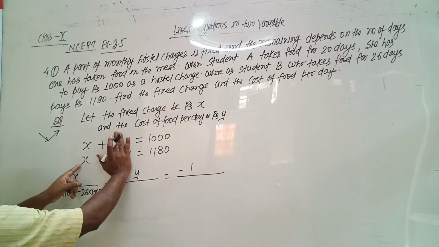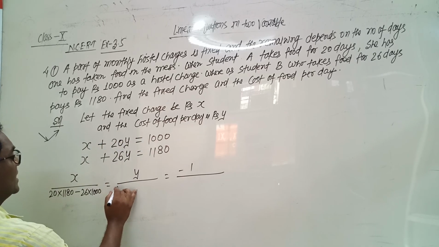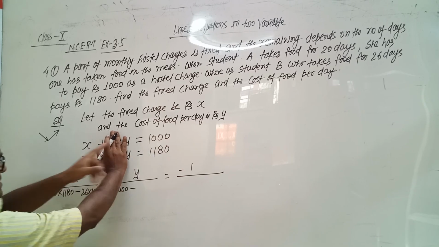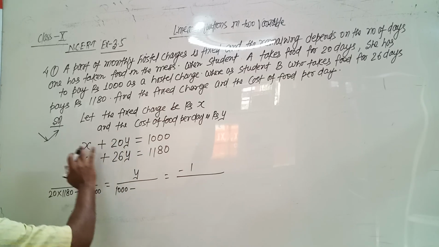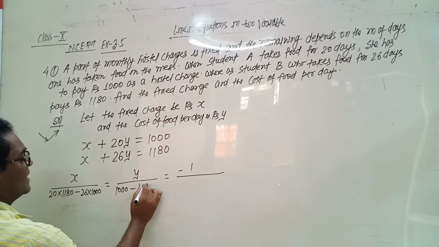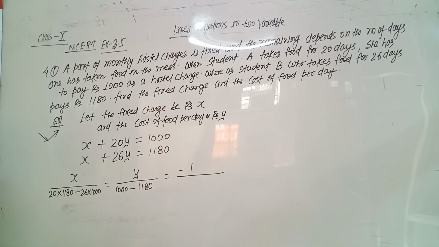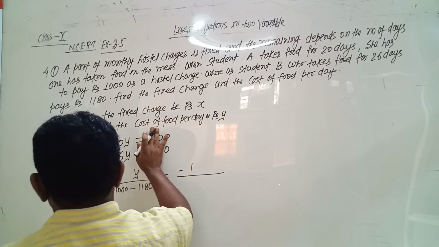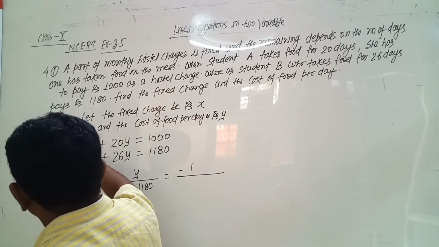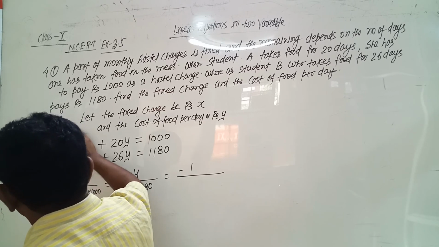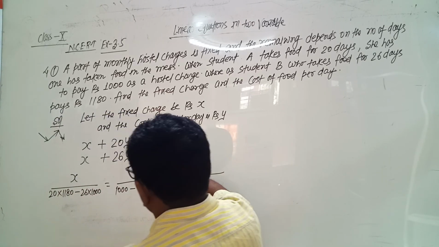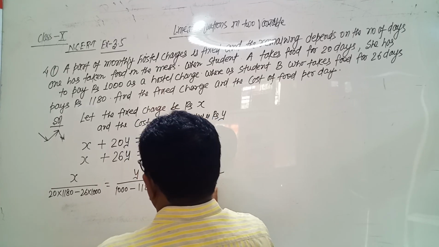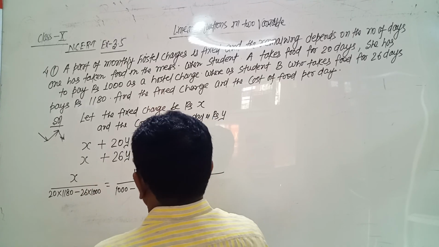So coefficient of X is 1. 1 multiplied by 1000 minus this multiplied by this, 1 multiplied by 1180. When we take constant term, we cancel this and multiply in the first direction. It means when we close this, 1 multiplied by 26 minus 1 multiplied by 20.